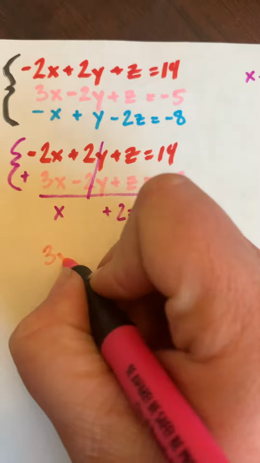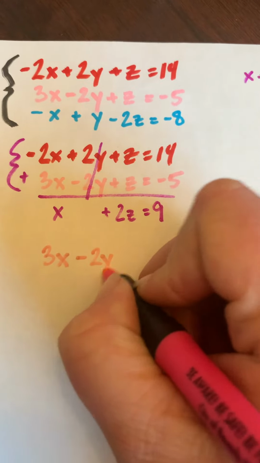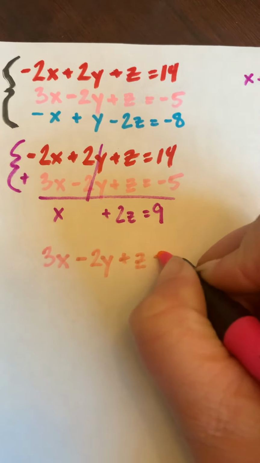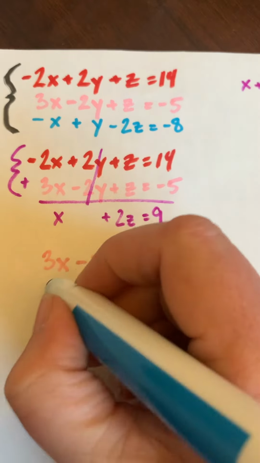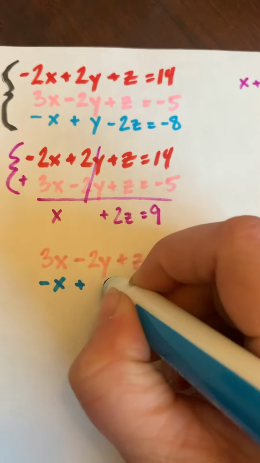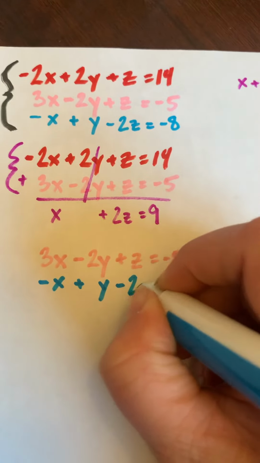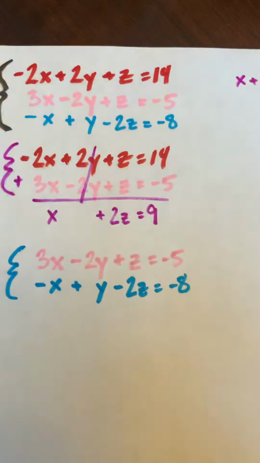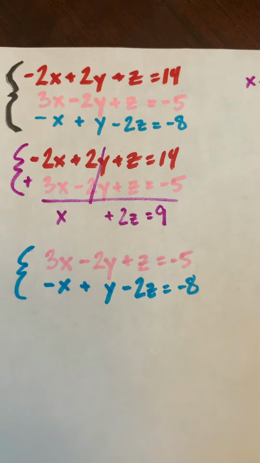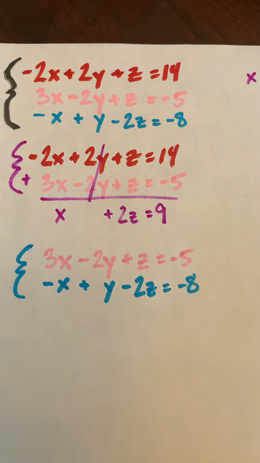So I've got 3x minus 2y plus z equals negative 5. And negative x plus y minus 2z equals negative 8. This is the system that I'm looking at now. And what I'm going to do is try to eliminate those y's.